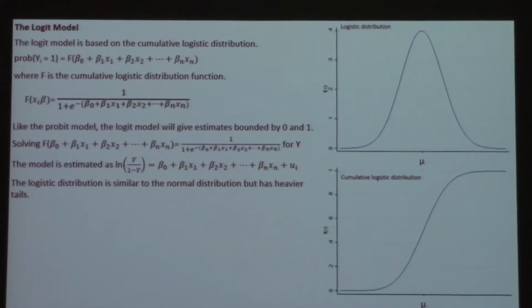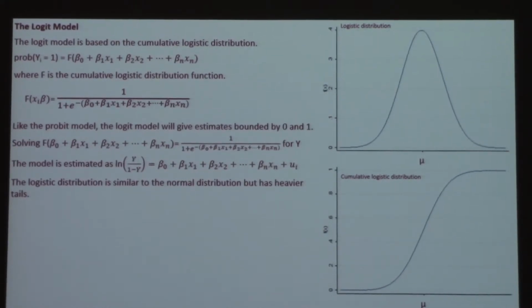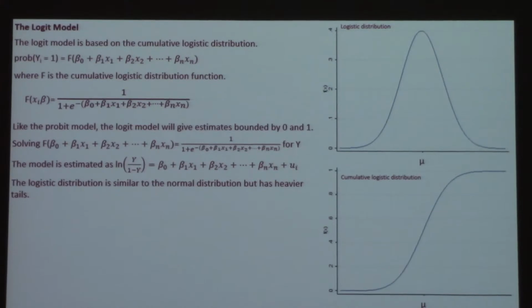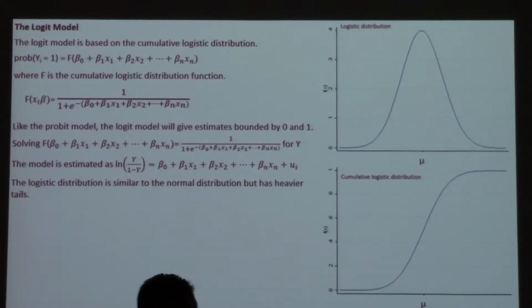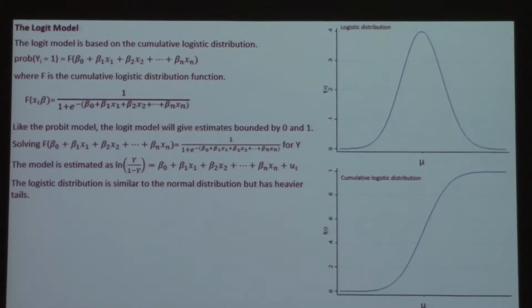The difference between the logistic distribution and the normal distribution is that the logistic distribution has heavier tails. So in the extremes, you might see some difference. Although one of the things we're going to do in the problem set is compare the predictions, and you're going to find out they're not very different. They're usually going to be pretty close.